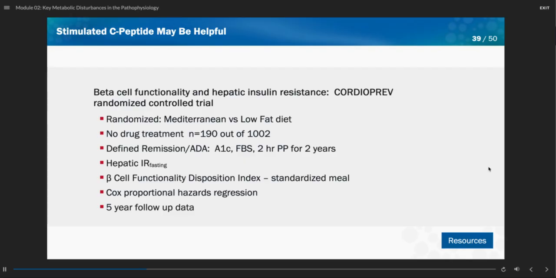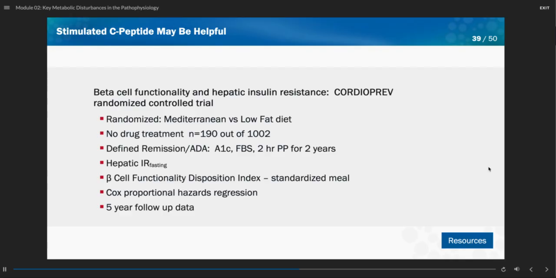The trial was looking at the Mediterranean versus low-fat diet, and out of the 1,002 people who were participants, there were 190 that had no drug treatment. So that was a good place to start seeing if measuring pancreatic function or insulin resistance could help predict whether the patient could go into remission or would progress on to need medication.